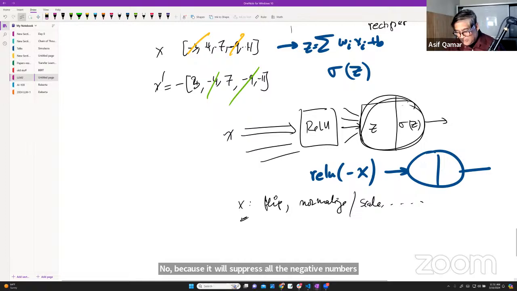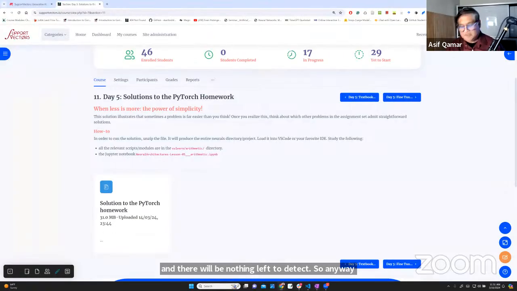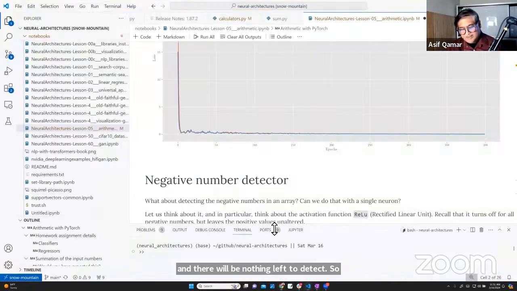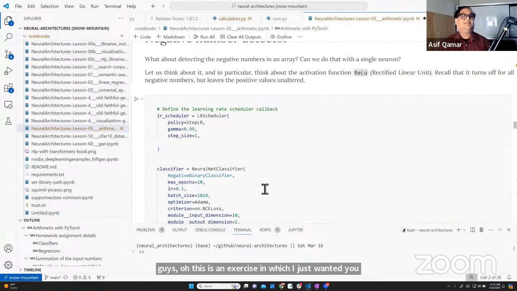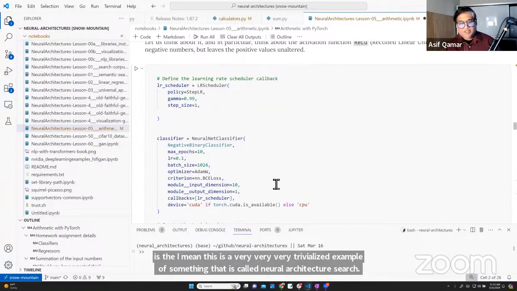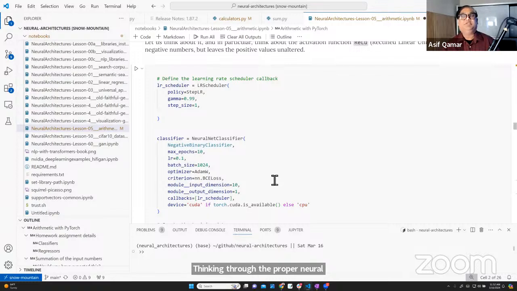So anyway, guys, this is an exercise in which I just wanted you to realize the simple thing that sometimes thinking through the proper architecture matters. This is a very, very trivialized example of something called neural architecture search, part of a whole field called automated machine learning.